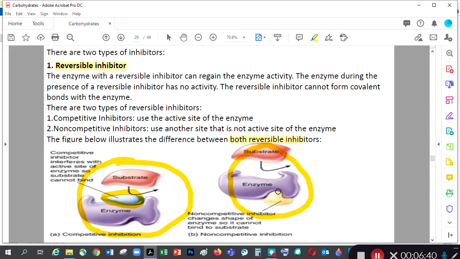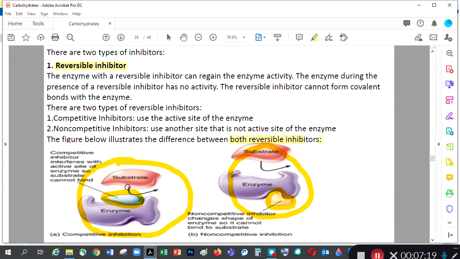Another type of reversible inhibitor is called non-competitive. You see here, non-competitive? This is the inhibitor, but it does not come and take over the whole active site. It came to one site, not the allosteric site, and it forces the active site to be reshaped so that it will not fit the shape of the substrate. The substrate goes away, and in this case there is no reaction.